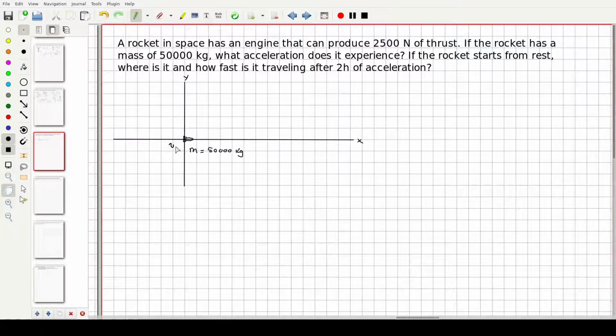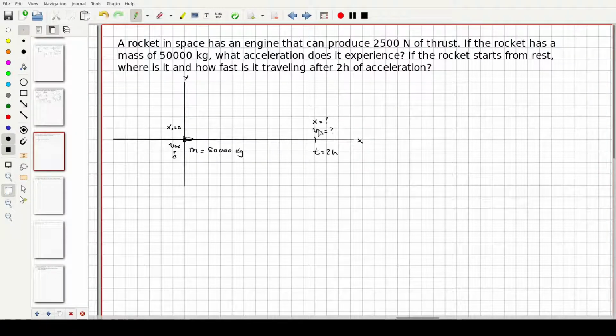Okay, we're going to let our initial position be 0. It accelerates to the right, and at some point over here, 2 hours into the future, we would like to know its position and its velocity.